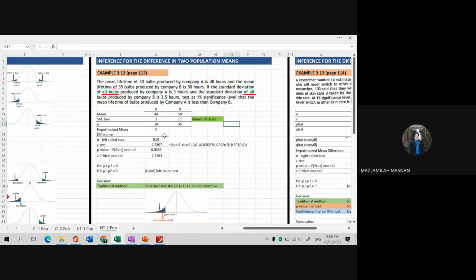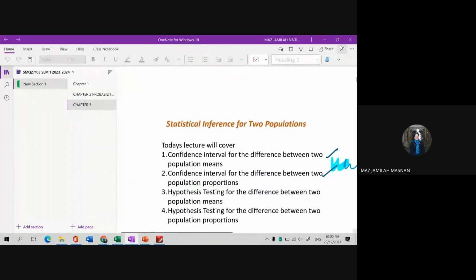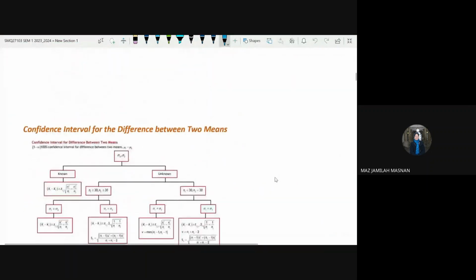Now, test at a 1% significance level that the mean lifetime of bulbs produced by company A is less than company B. In this case, the difference of the two population means is not given. So how do we understand that? Let me go back to where I can use my pen.